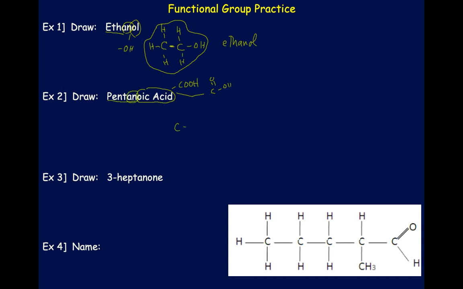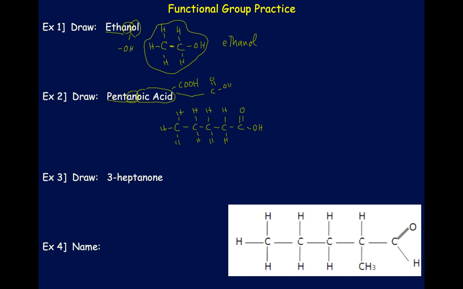So I'm going to take my 5 carbons, 1, 2, 3, 4, and 5, and on the last carbon, make sure I put my double bonded oxygen and my OH group for my acid. Fill it with hydrogens. We are done with pentanoic acid. Pretty easy to do. Now you could have put this on the front carbon also, so you could do it either way. Again, if you did that, you would just be rotating this in space.